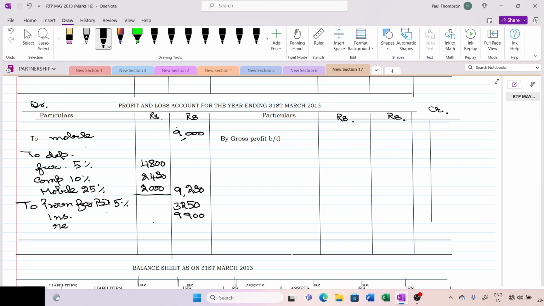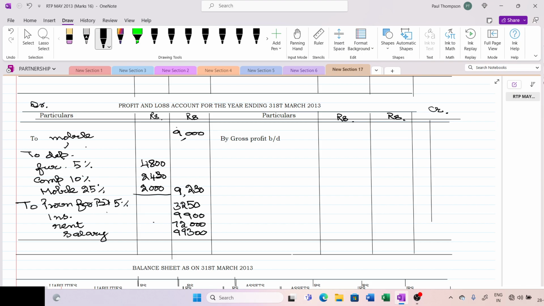Rent, salary. Rent account was, how much it was? Salary account 99,300. Rent account 72,000. And stationery was there. There is no space.